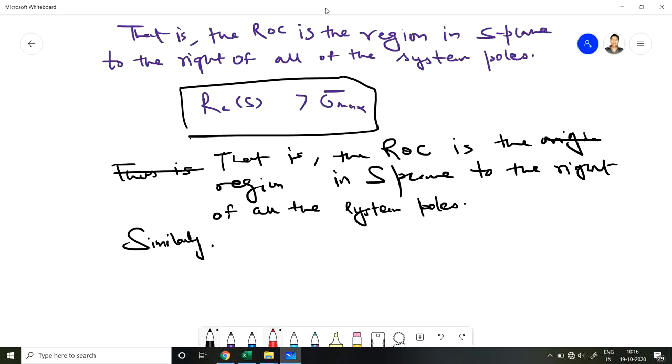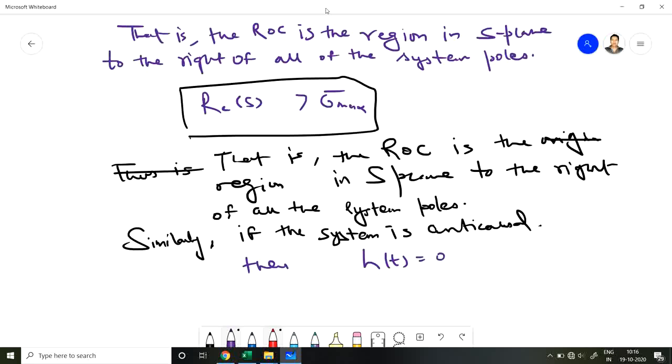Similarly, if the system is anti-causal, then h(t) is equal to 0 for t greater than 0, and h(t) is left sided.